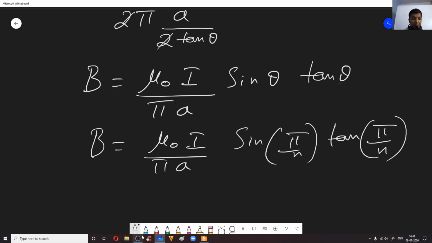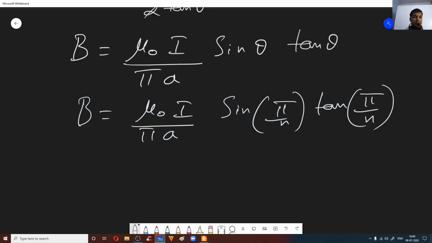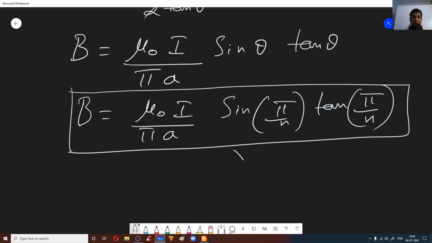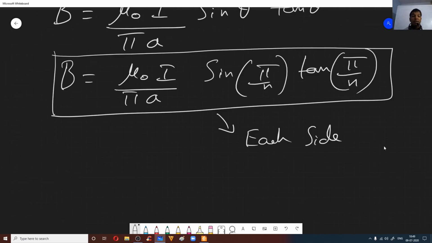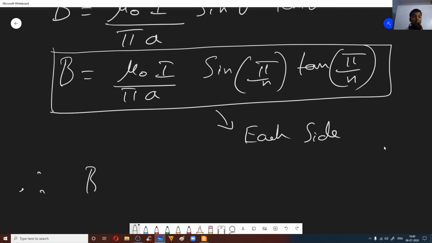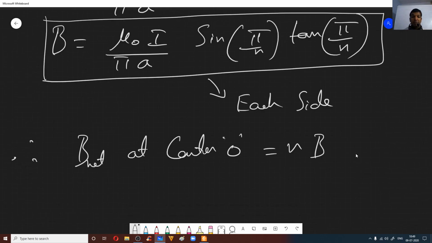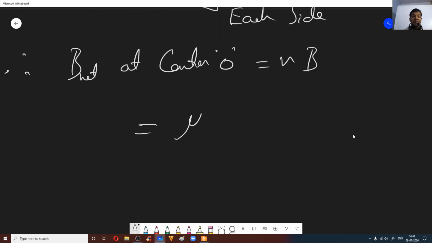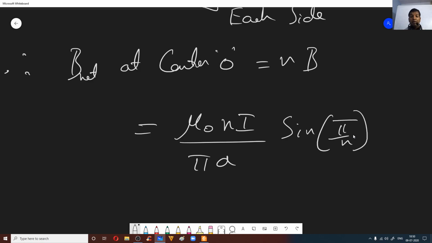Let me pause for a second. Now this is due to each side. So this value whatever we have got is due to each side. Now if you consider n sides, the magnitude at center O is given by n times B. So this will be mu naught, small n, I divided by pi a into sine pi by n into tan pi by n.